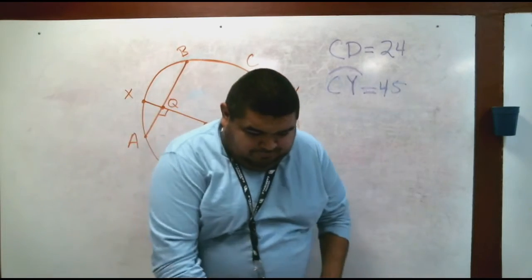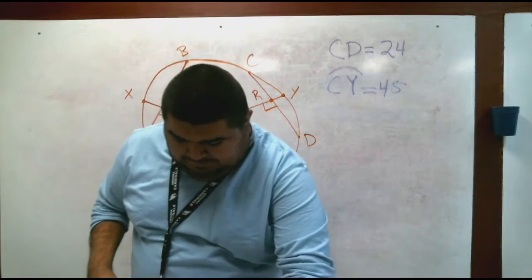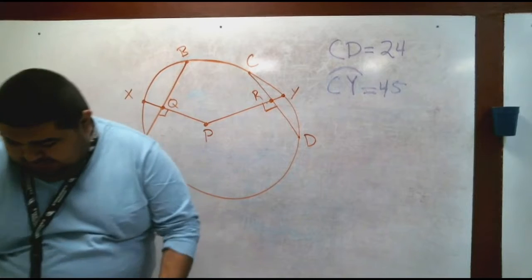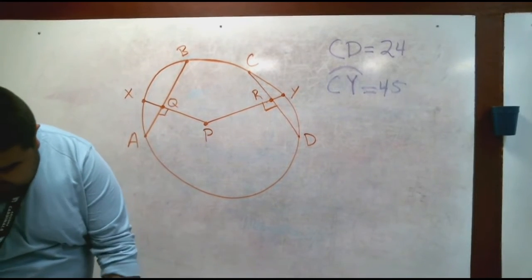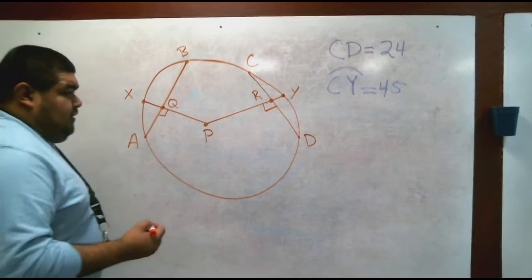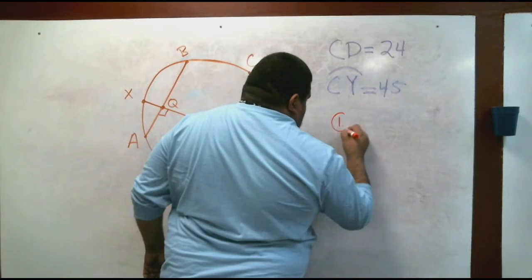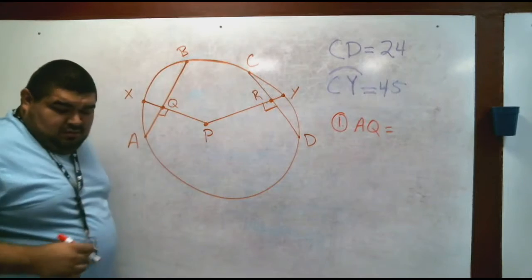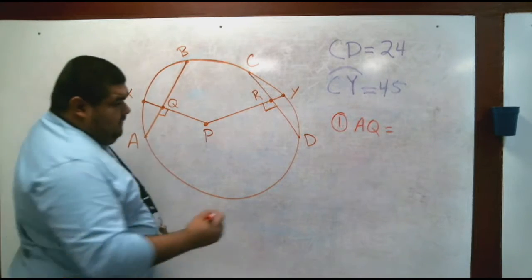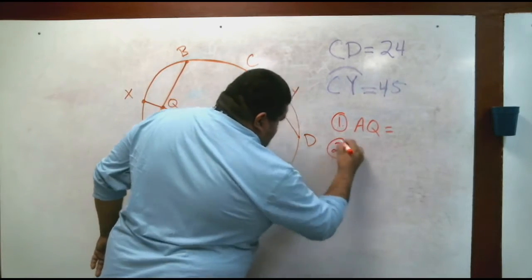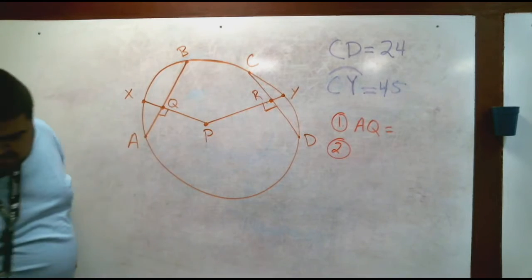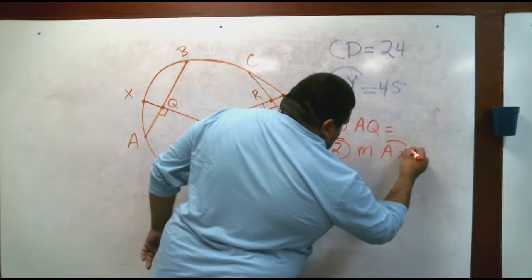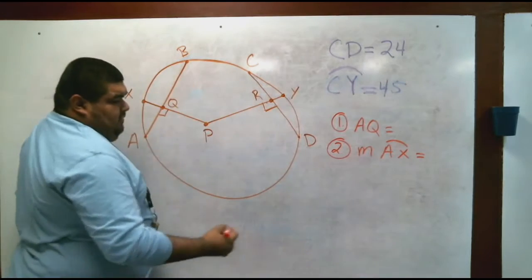All right, so all we have to find is the following. We have to find AQ, okay? AQ, what does it equal? We also have to find the measurement of AX, the arc, okay?